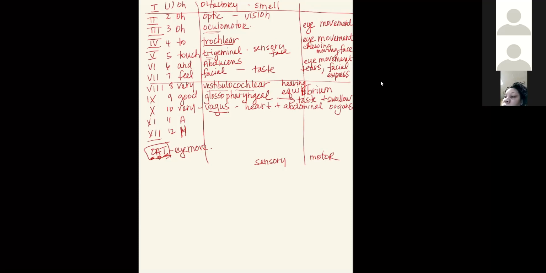It does sensory and motor. You can use it to regulate your heart. If you bear down on your vagus nerve really hard, like pretending that you're going to go to the bathroom, it will actually slow your heart rate down and decrease your blood pressure. The big thing about it is it's the only one that goes down all the way to your abdomen.